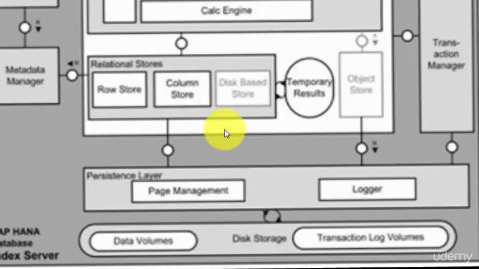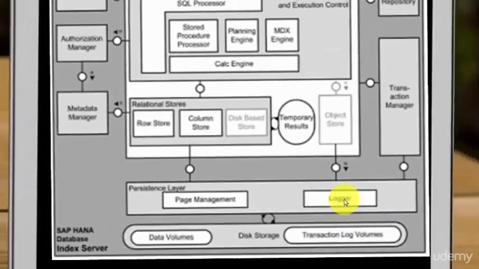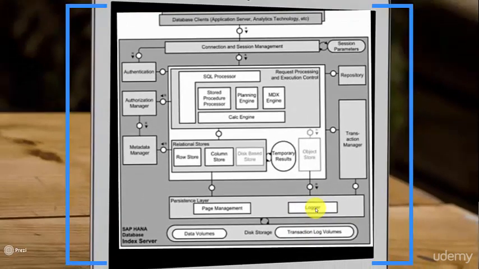It does that by managing two different kinds of data: the committed data and the non-committed data. All the committed data will come into page management, and all the non-committed data will come into log information. Naturally they are reconciled at a certain stage automatically, even if the user does not commit. We'll take a look at more about persistence in the persistence topic.